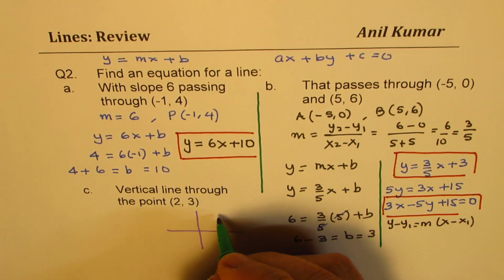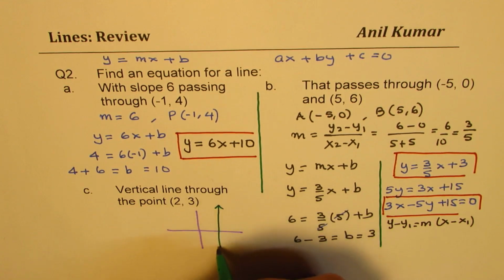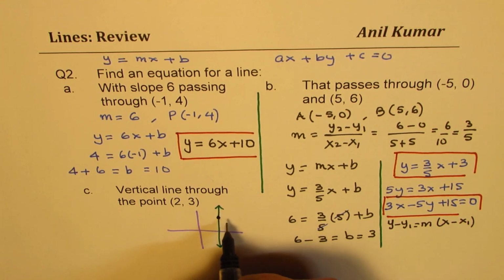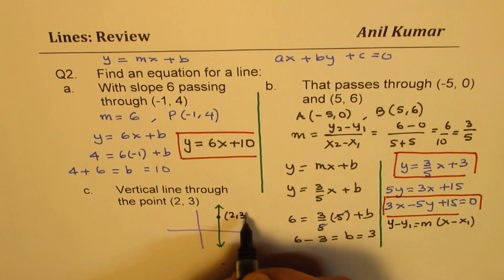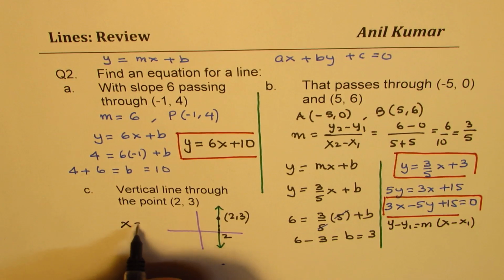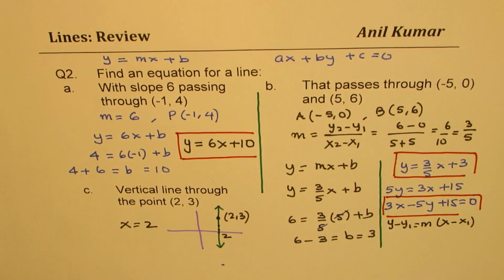So you have a vertical line through the point 2, 3. So it's kind of like this. So in this vertical line, let's take a point here, which is, let's say, 2, 3. It really means that every point's x value will be 2. And so x equals 2 is your equation. Perfect. So that is how you're going to do it.